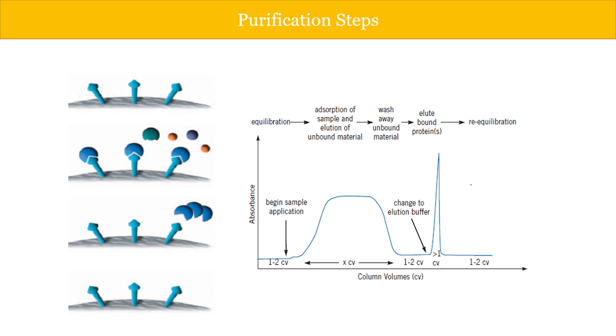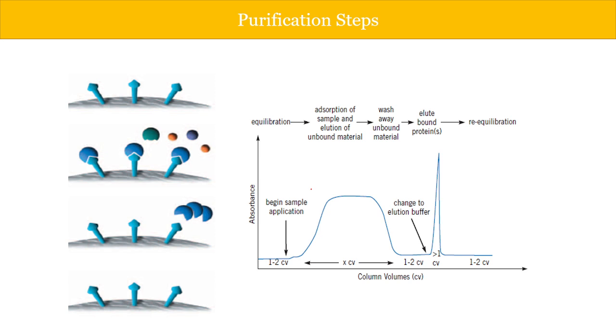Okay, so the entire protein won't be absorbed, so there would be other proteins or contaminants which would be eluted at first. So this is your first elution stage where the sample is absorbed and the other extra material is eluted out, and then you wash away the unbound material.